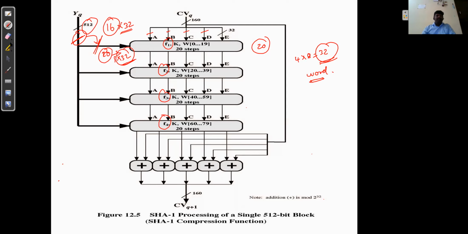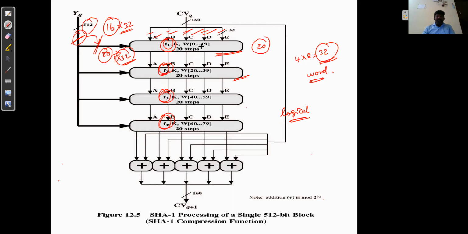Now, whatever output we get at the end of the 20th round will be forwarded to the next round function, which is f. When we talk about f1, f2, f3, f4, these are logical operations performed with the values stored in the registers A, B, C, D, E. Depending upon which registers we use for further operation, the logical function is decided and the operations are carried out.